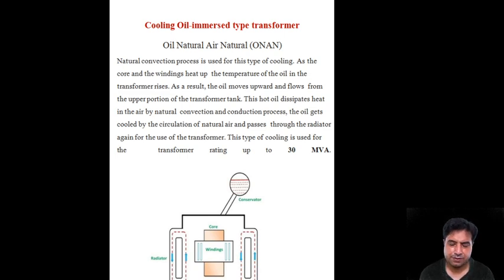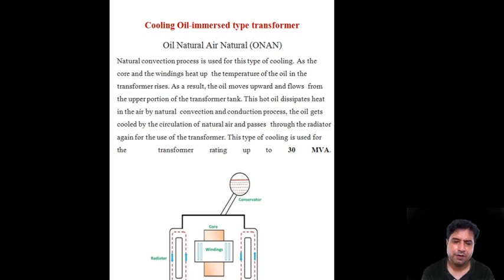There is a diagram shown here. The core is shown, the windings are shown, and the two rectangular constructions on either side of the transformer enclosure are the transformer radiators. One could easily see them in distribution transformers installed along the roads.